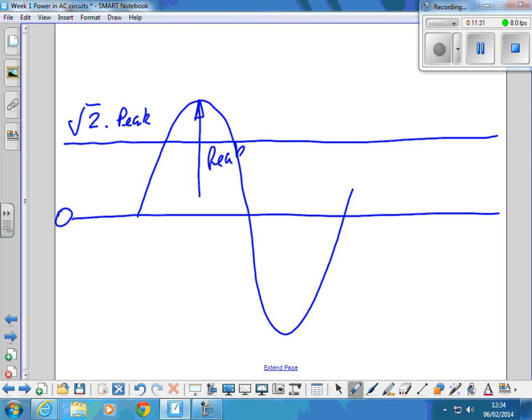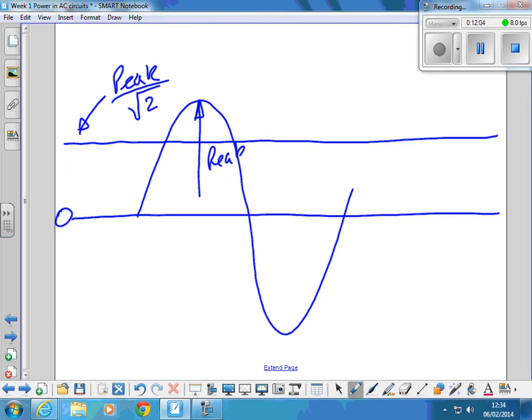Peak over root 2, so it's got to be less. You've got a bit of minus 1, a bit of plus 1 added together to make it. It gives you the useful power from that system.